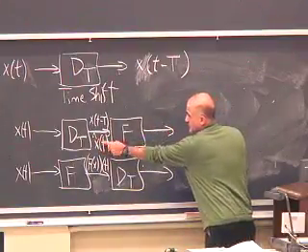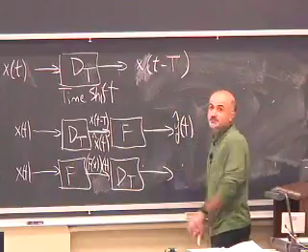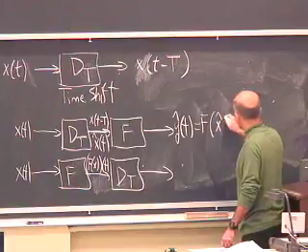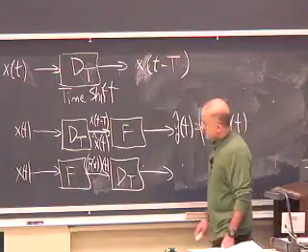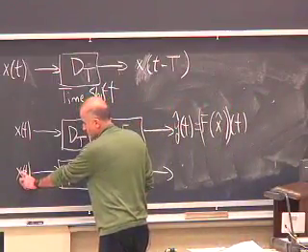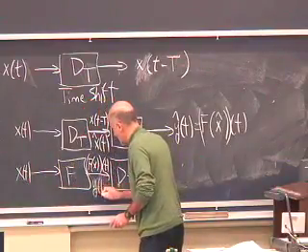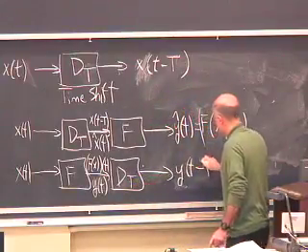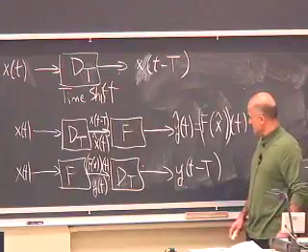When we sent the shifted signal into f, we called that y hat of t, which was f of x hat evaluated at time t. Then we looked at the original system. You had x of t going into the system, you got y of t out, and you send it through a delay. You get y of t minus capital T. All right, now it looks good.